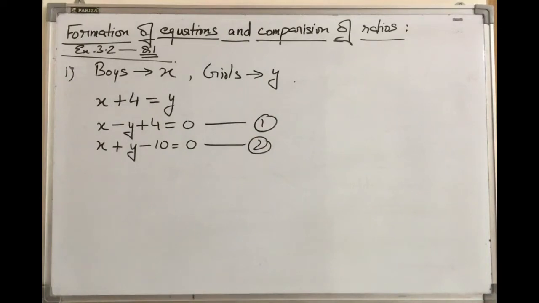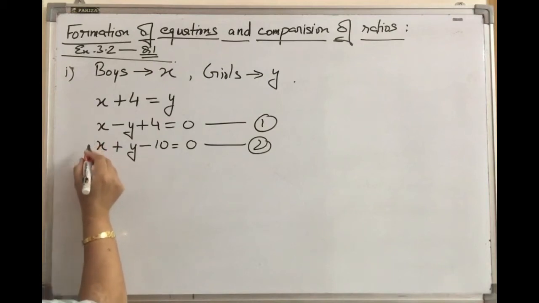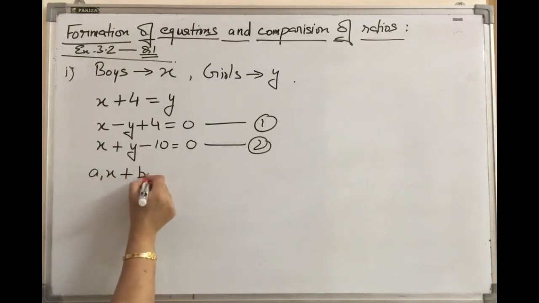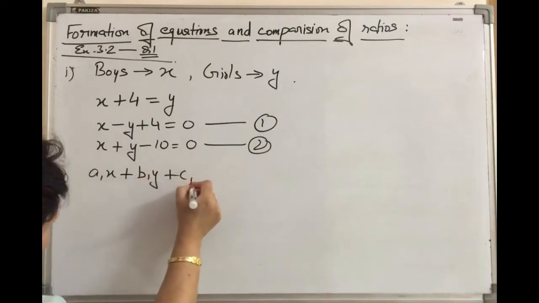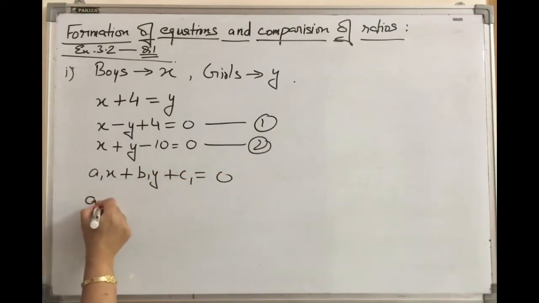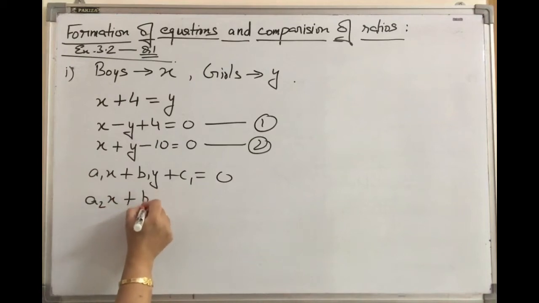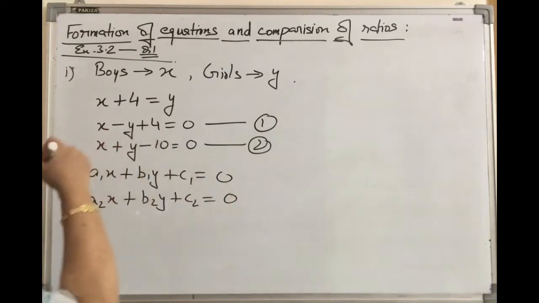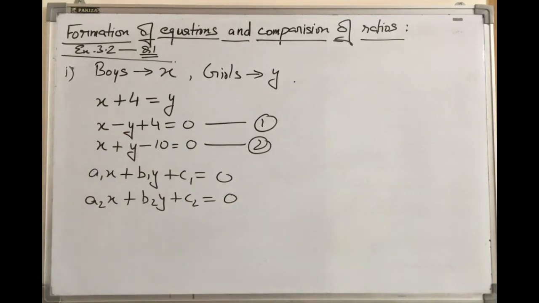Now after we have framed the equations, we can simply compare the ratios. For example, if I compare the two equations with the standard form a1x plus b1y plus c1 equal to 0 and a2x plus b2y plus c2 equal to 0, as I have listed in the introductory video.